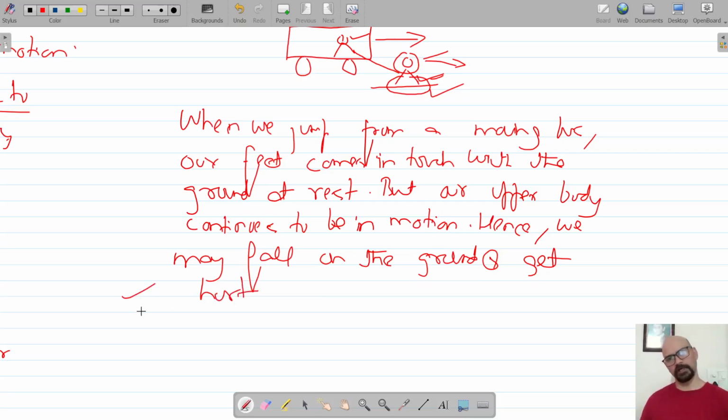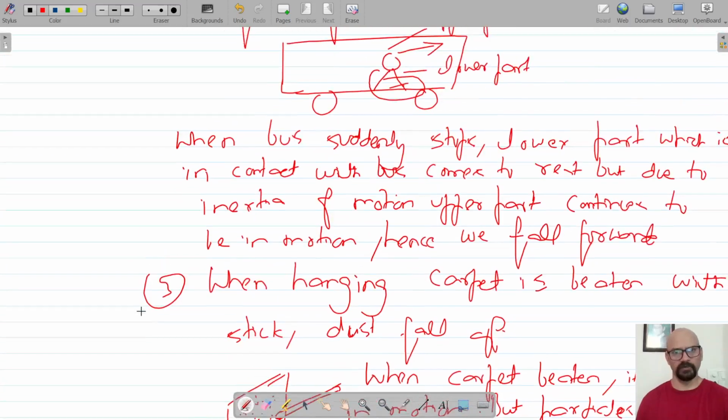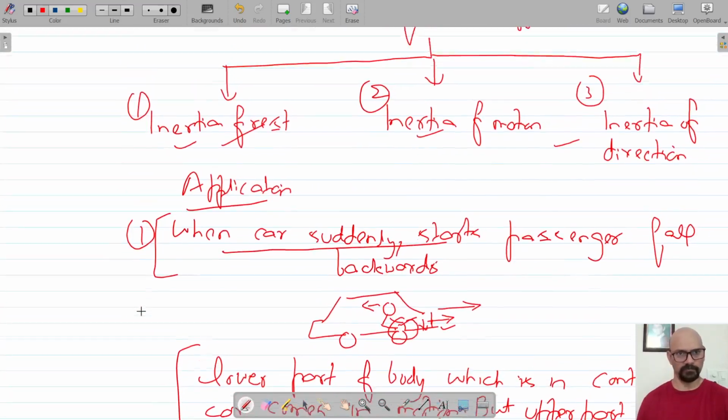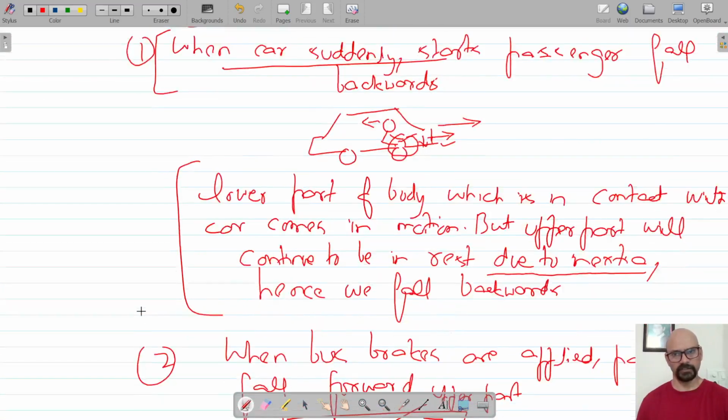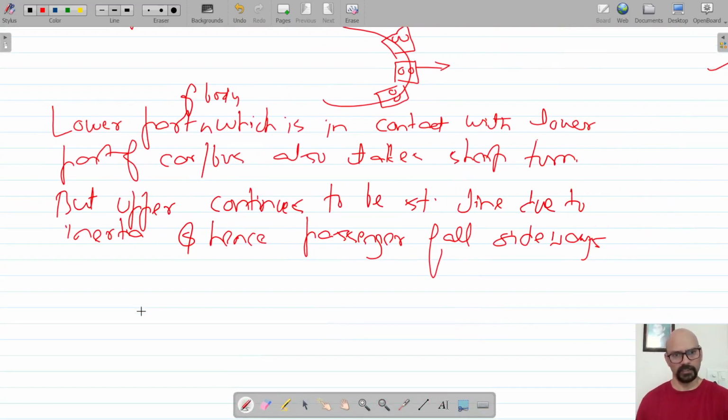Okay, so these are some of the applications or the reasons where we can cite examples for the different types of inertia. So by this time, we are clear what inertia is and how it plays an important role in our day-to-day life for some of the applications. Okay, now which objects will have more inertia, the heavy one or the light one?